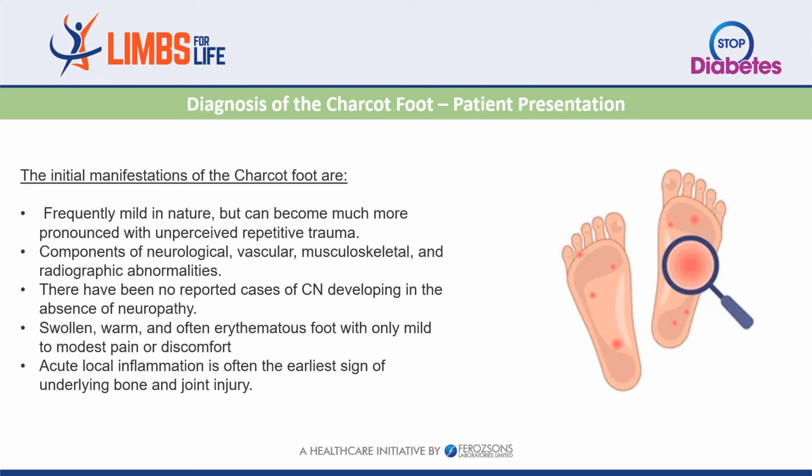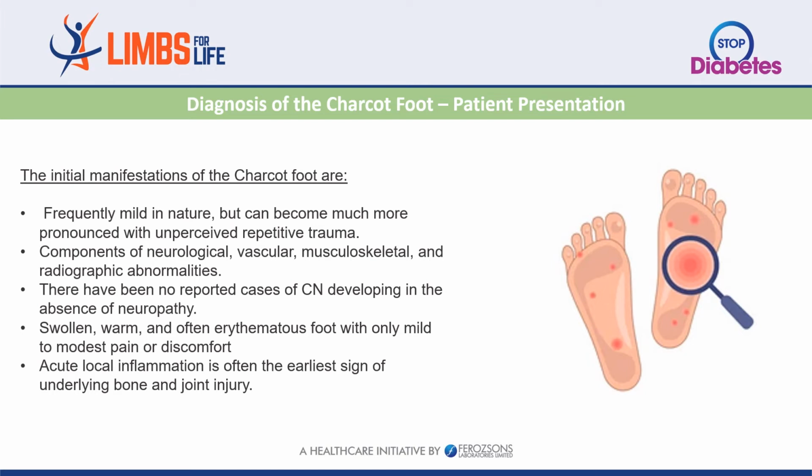The initial manifestations of Charcot foot are frequently mild in nature but can become much more pronounced with unperceived repetitive trauma. There are components of neurological, vascular, musculoskeletal, and radiographic abnormalities.